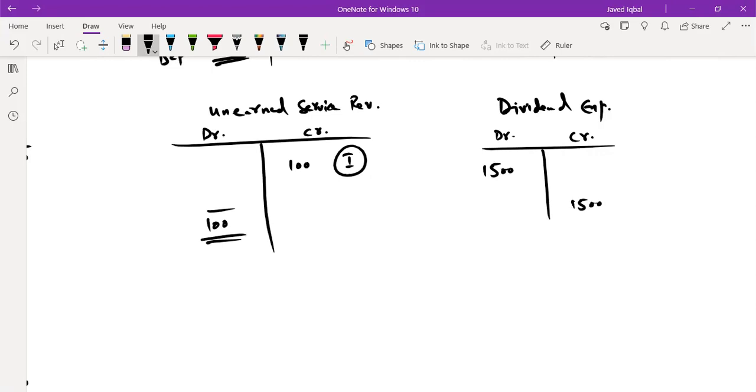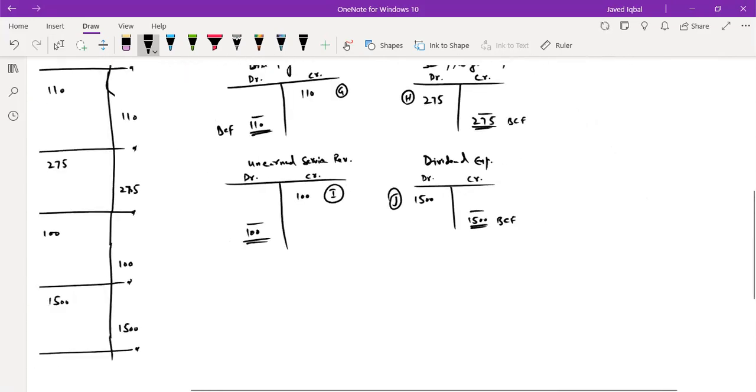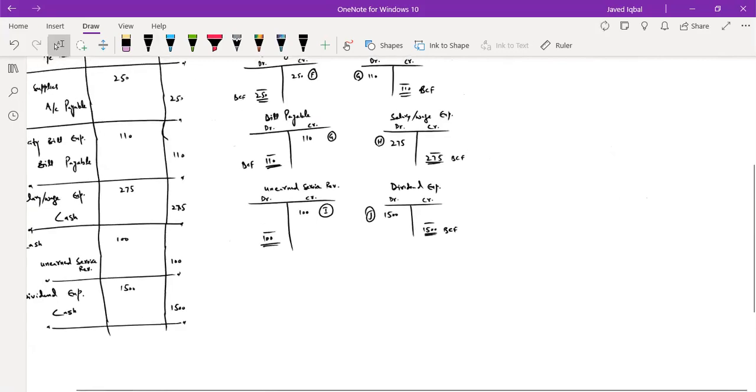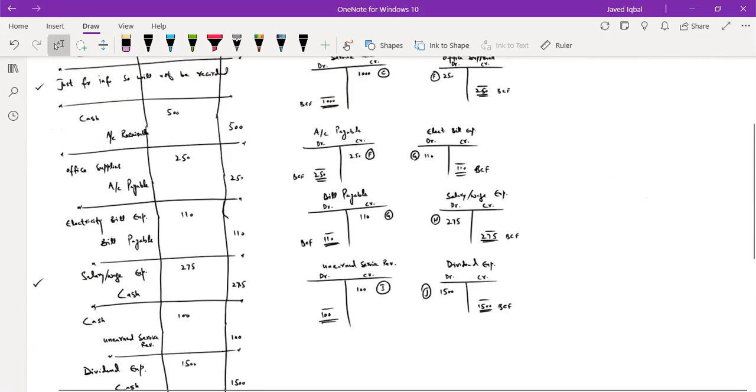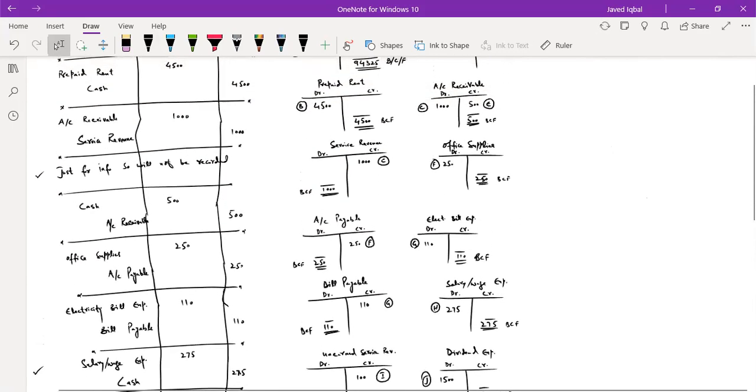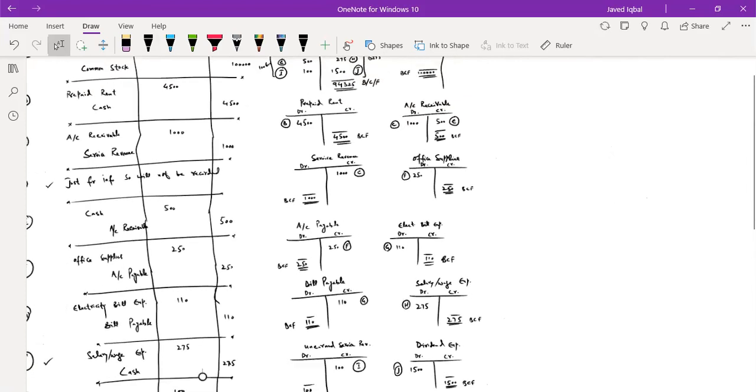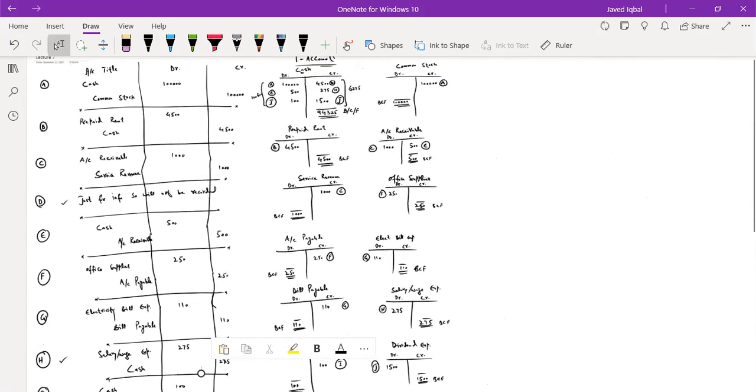Balance sheet. That was transaction G. Why we have written these transaction numbers or transaction sequences? You can easily compare these transactions with each other.